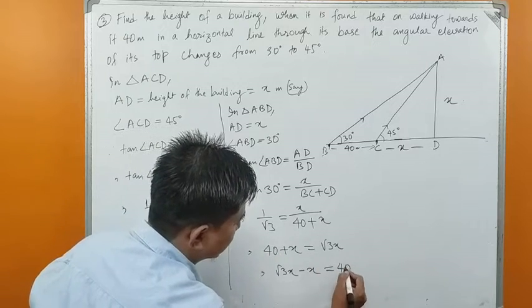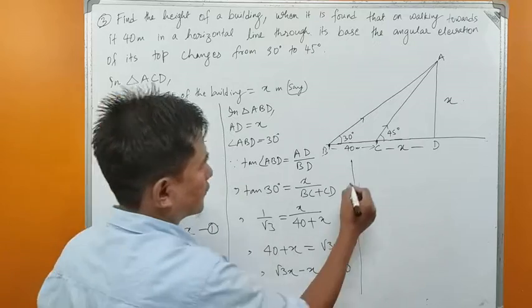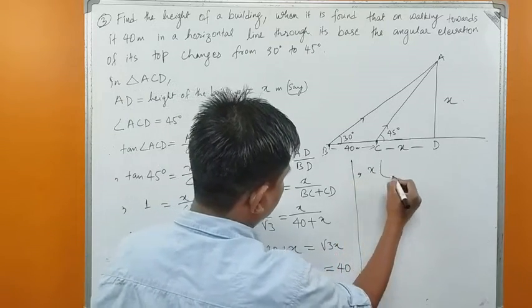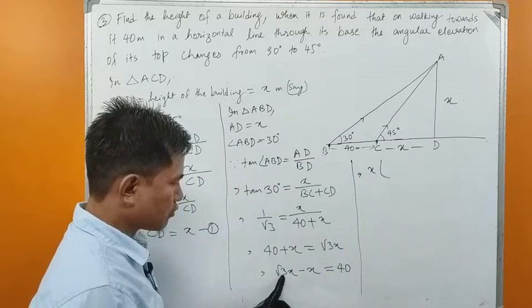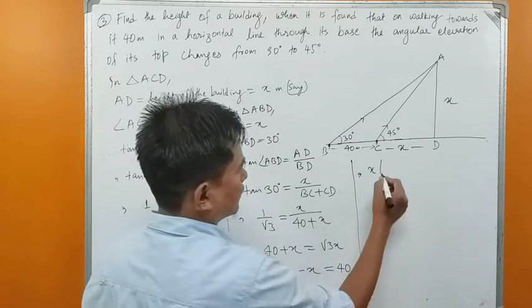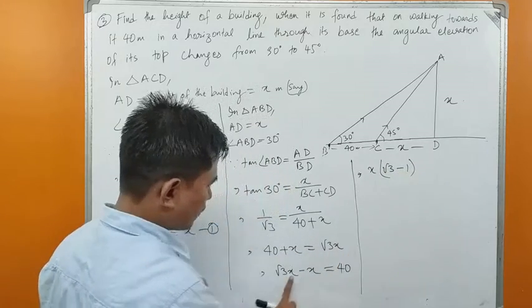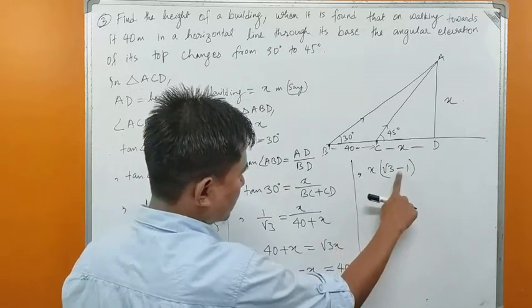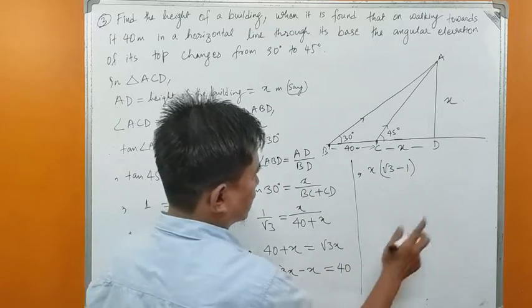Now we take x common, within the bracket remains root 3 minus 1. Root 3x minus x into 1, that is x, equals 40.